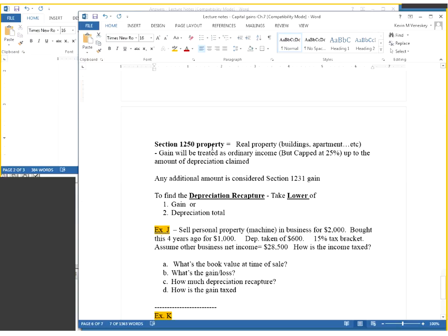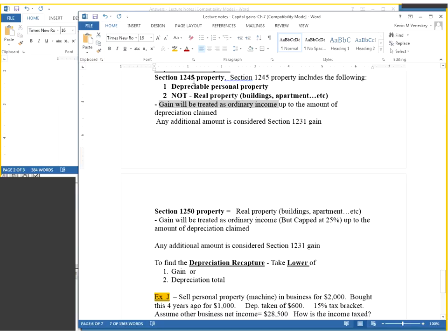If it's considered a Section 1250 property, 1245 is for business equipment type items. 1250 is for buildings. That's the only real differentiation between the two. So if it's a Section 1250, meaning it was building type property, you tax your gain just like ordinary income, but you get to stop at 25%.